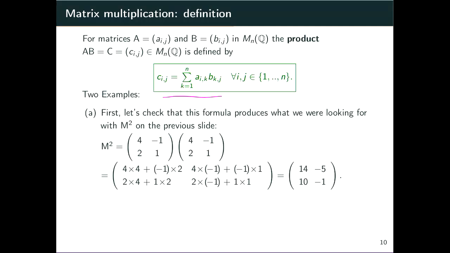When you move to a new row, we multiply this component with this component here, so 2 times 4 plus 1 times 2. So this is all the definition says. I'm not sure it's that useful to memorize it; it's more useful to memorize the process of how you do the matrix multiplication.